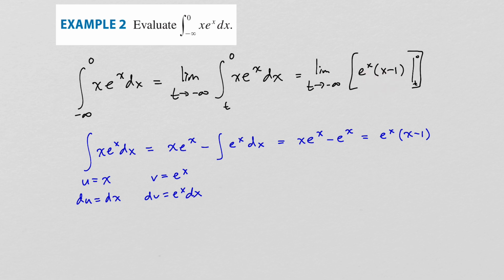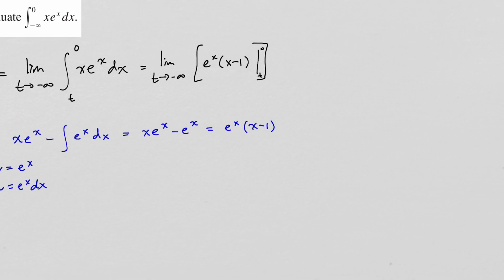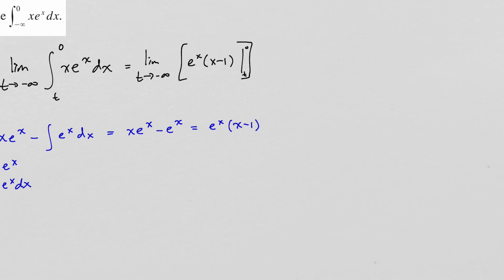And now we're going to apply our limits from t up to 0. So this becomes the limit as t goes to negative infinity of e to the 0 times 0 minus 1, minus e to the t times t minus 1.